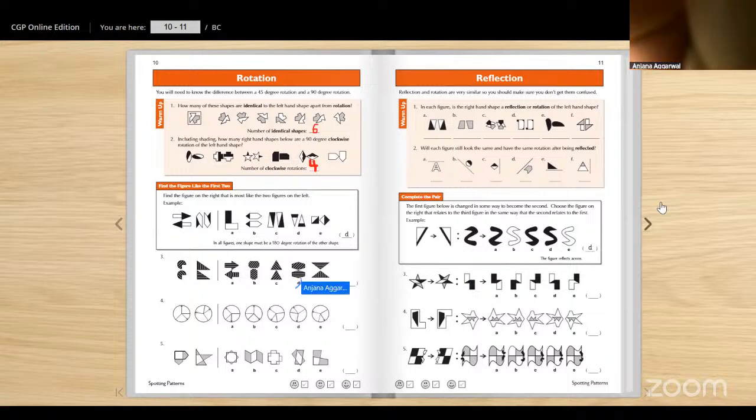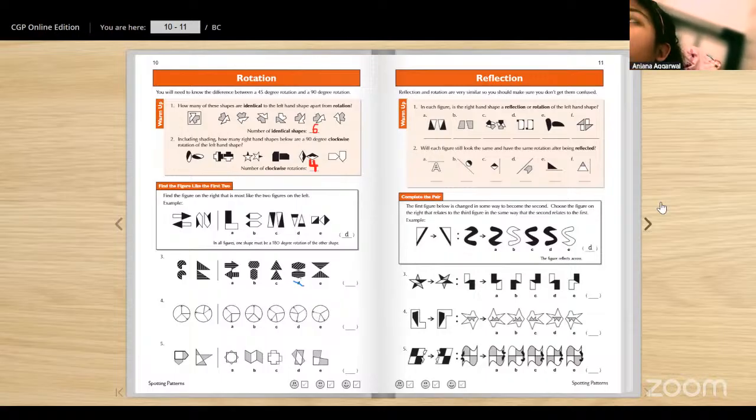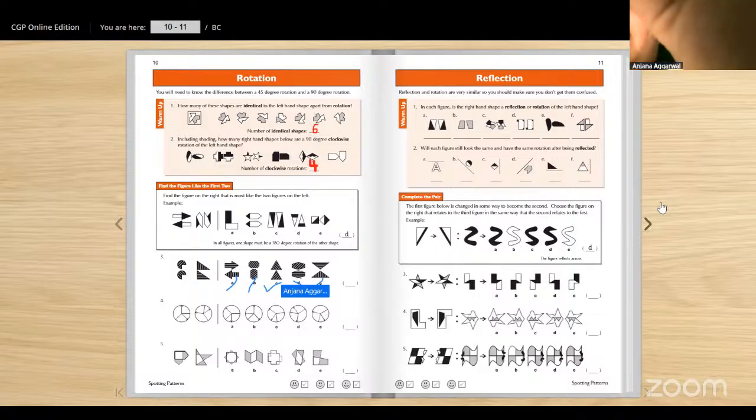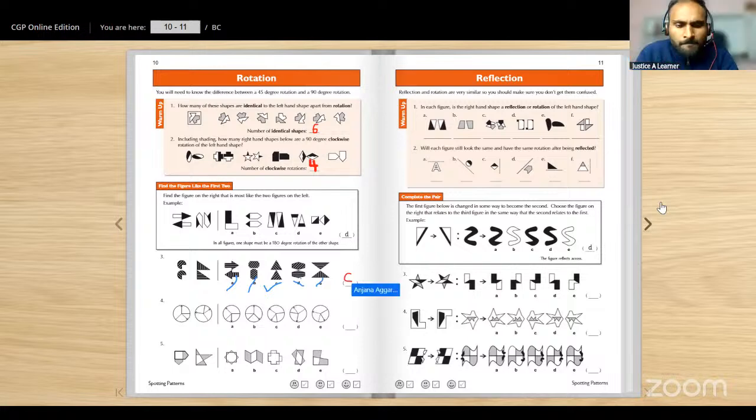It's not. I think the answer is C. Is it? Okay. Wait.